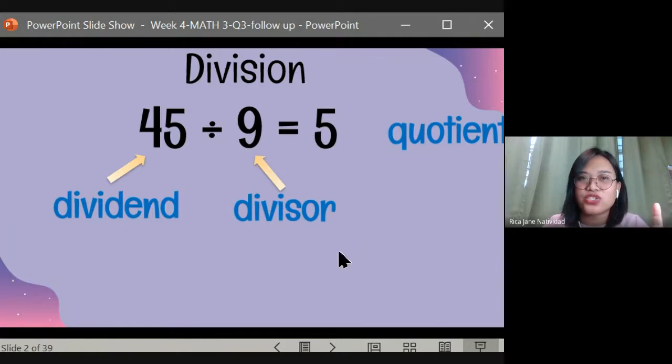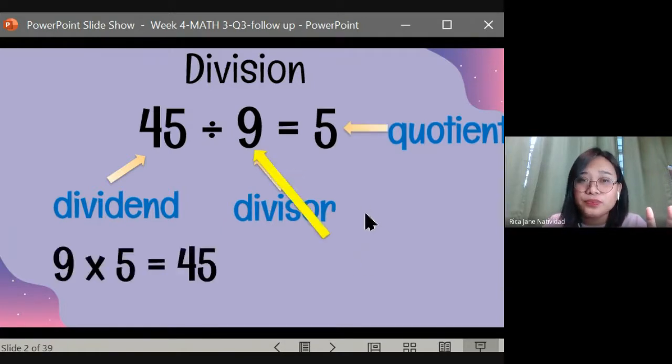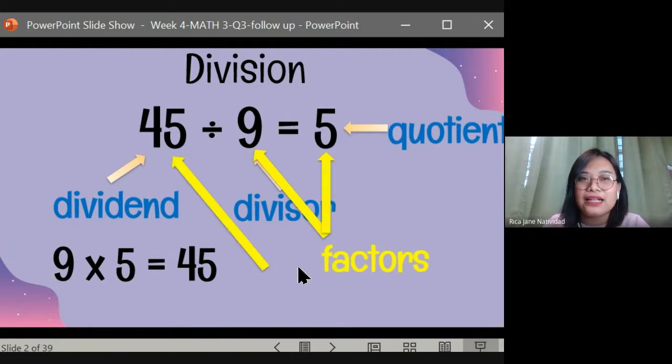So let's see the relationship. 9 and 5 are the factors, while 45 is the product. So it's best for you to memorize the multiplication table so that you can divide the numbers easily and get the correct quotient.